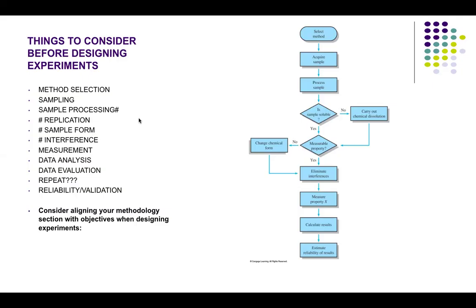Now before you come to data, these are things that you have done. I will not be talking about all of these, but at least I just want to refresh you. These are the things that you have to go through before you come to data analysis, data evaluation, which is where you will be using statistics.